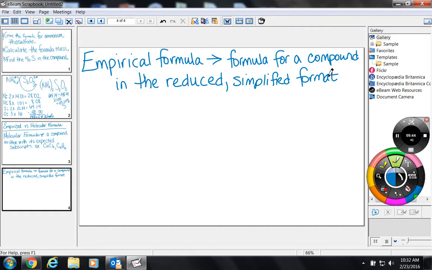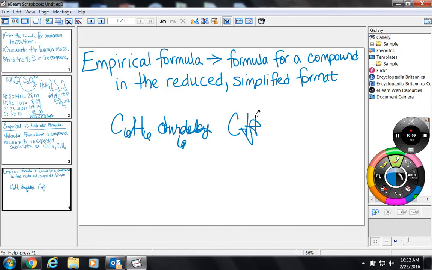They're both 6s, right? So, one option is to do C6H6. If I divide by 6, I get CH.